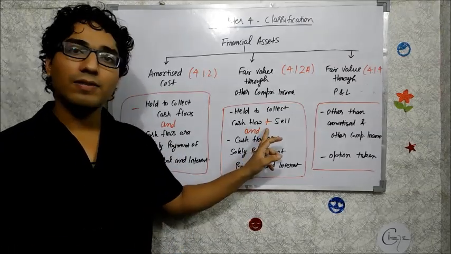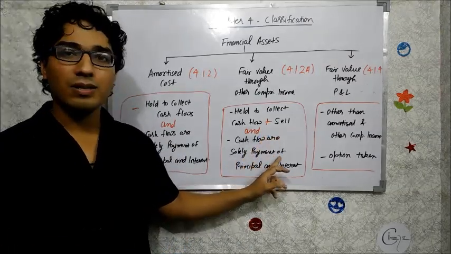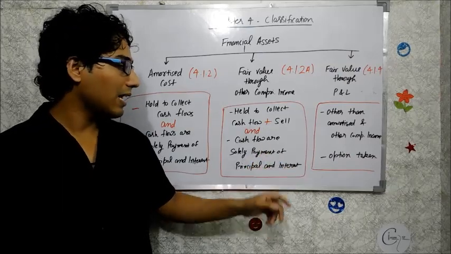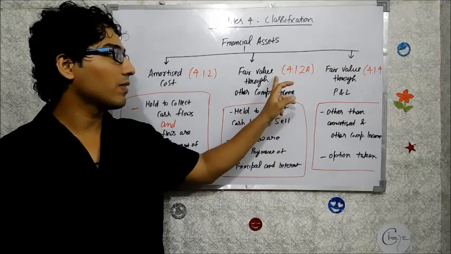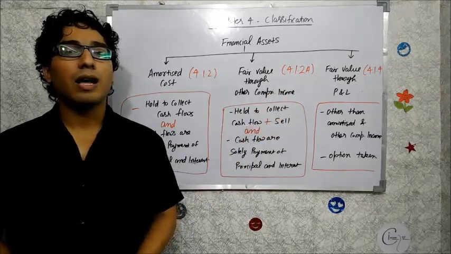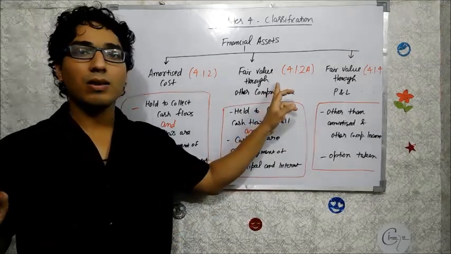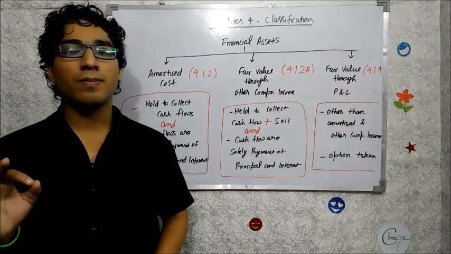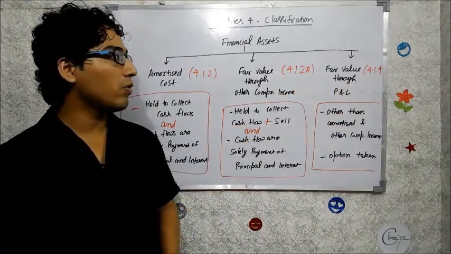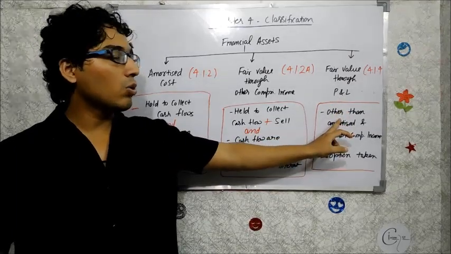So now we have seen it, and the second situation is similar, when the cash flows are solely payment of interest and principal. So in these cases we have to measure or classify it into fair value through other comprehensive income.